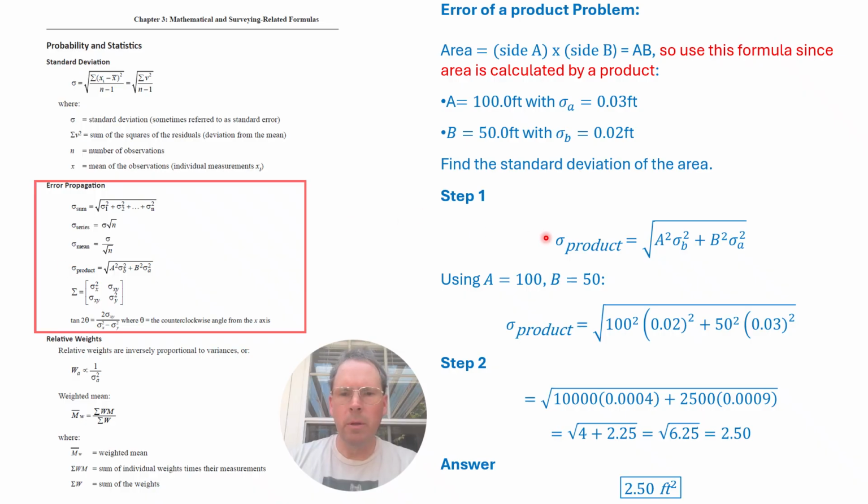I'll go ahead and put it over here, and you put your terms in. A is equal to 100, B is equal to 50, and you have the standard deviations for each, and you put those in accordingly. Then you calculate that out, and you get an answer of 2.5 feet squared. Error of product problem.